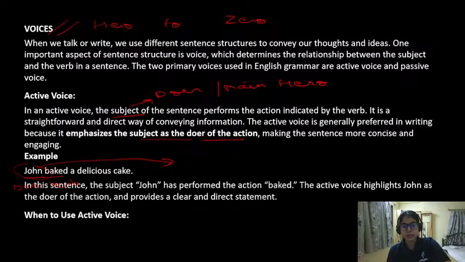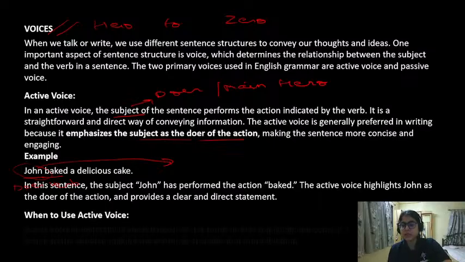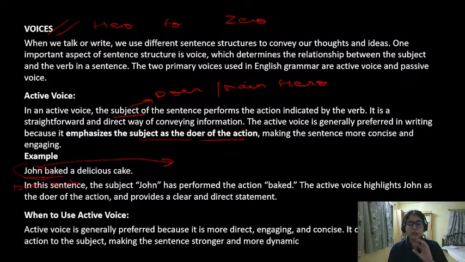So in this sentence, the subject John has performed the action. The active voice highlights John as the doer of the action and provides a clear and direct statement. Usually we use active voice to convey something directly, not convoluting a sentence. It's a very direct, concise and formal way of communication, especially when you know who made the cake, who made the call.